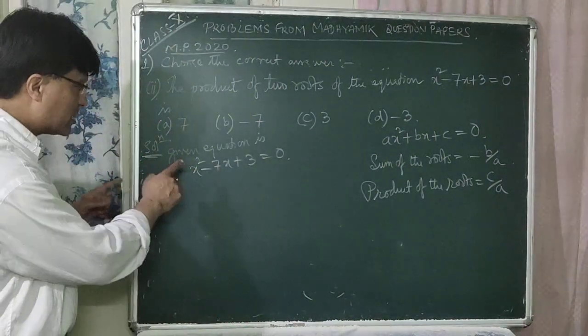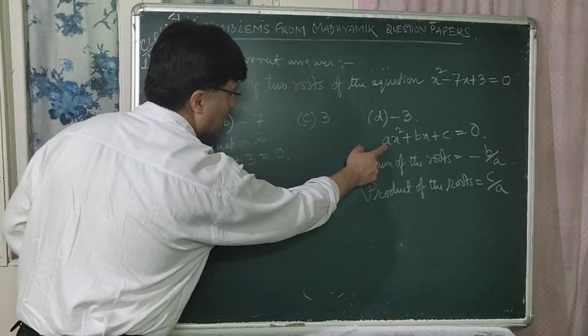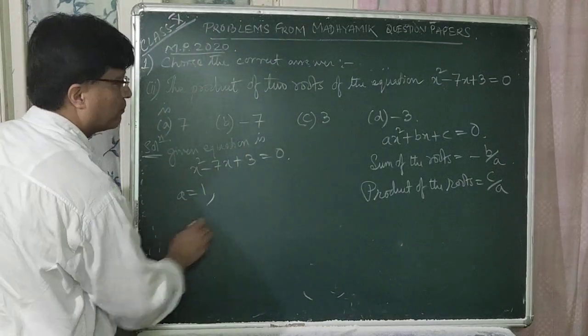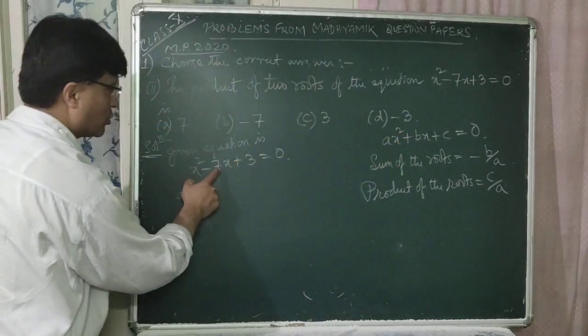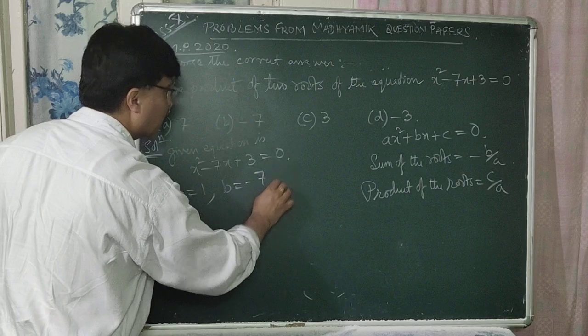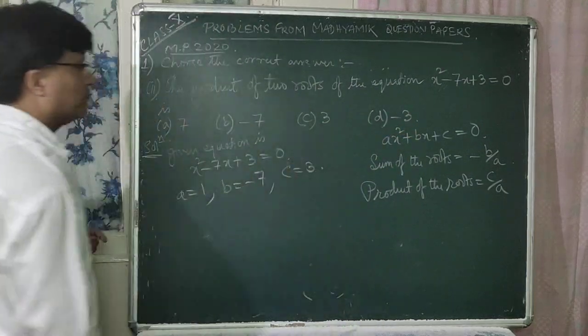So let us compare this quadratic equation with that one. What is the coefficient of x square? 1. So a is equal to 1. The coefficient of x is minus 7, that is b is equal to minus 7. And c is equal to 3.